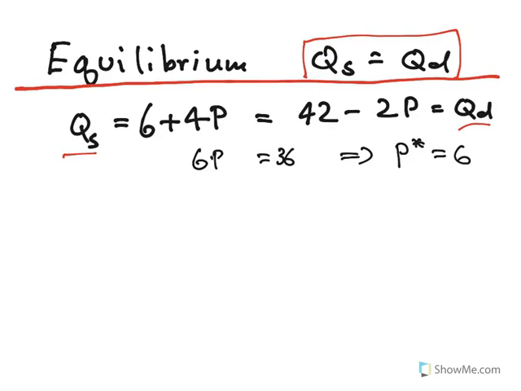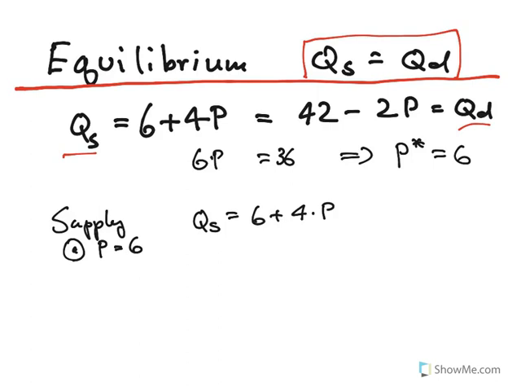Now we want to look at the amount that's supplied and the amount that's demanded to make sure that we've got supply equal to demand. Let's first look at the supply at a price equal to 6. Quantity supplied is going to be 6 plus 4 times P, so 6 plus 4 times 6, that's 24 plus 6, 30.